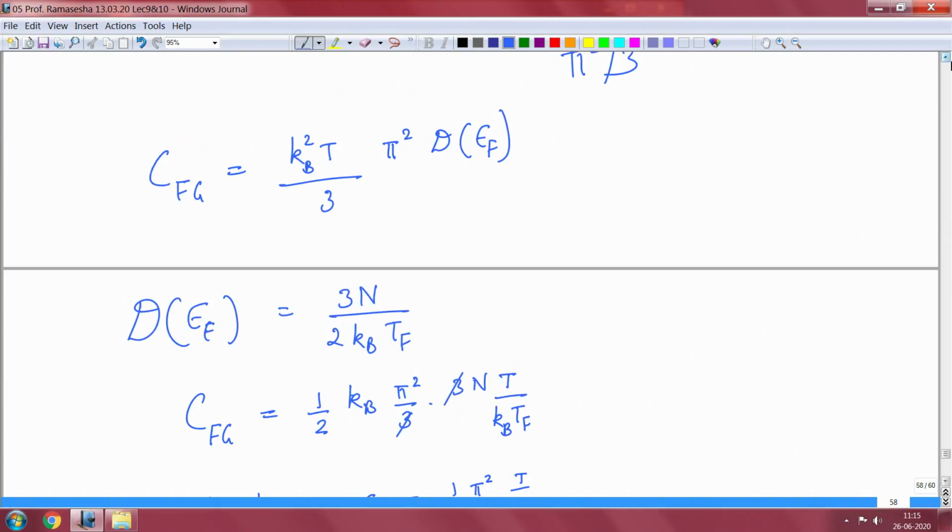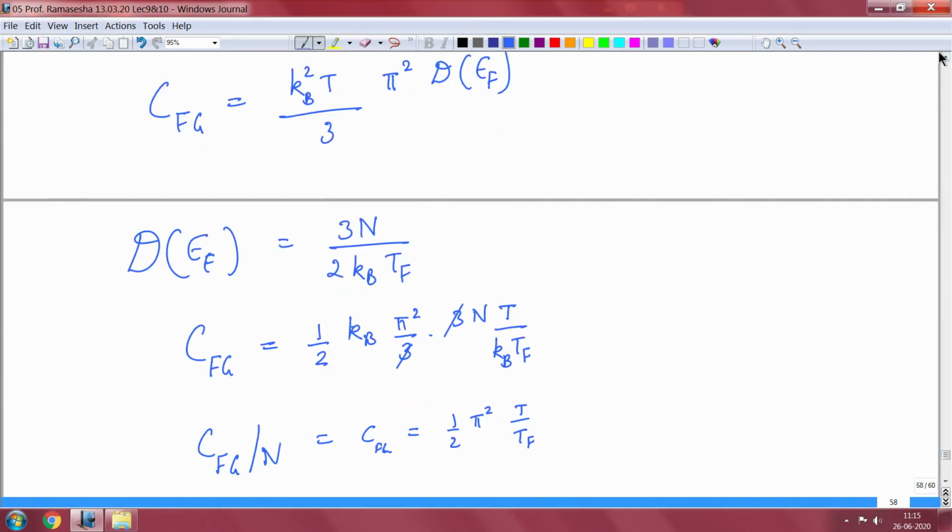Pi squared by 3 kB squared T; one kB goes with kBT, so I have kB and pi squared by 3, and d of EF is 3 by 2.